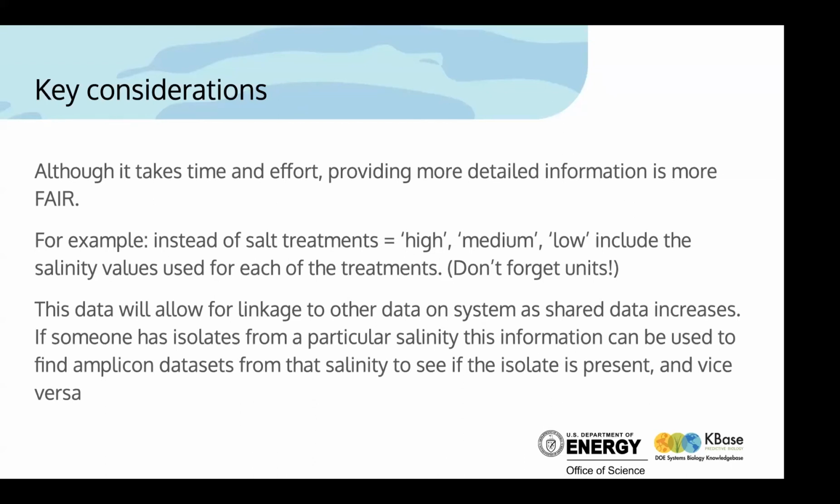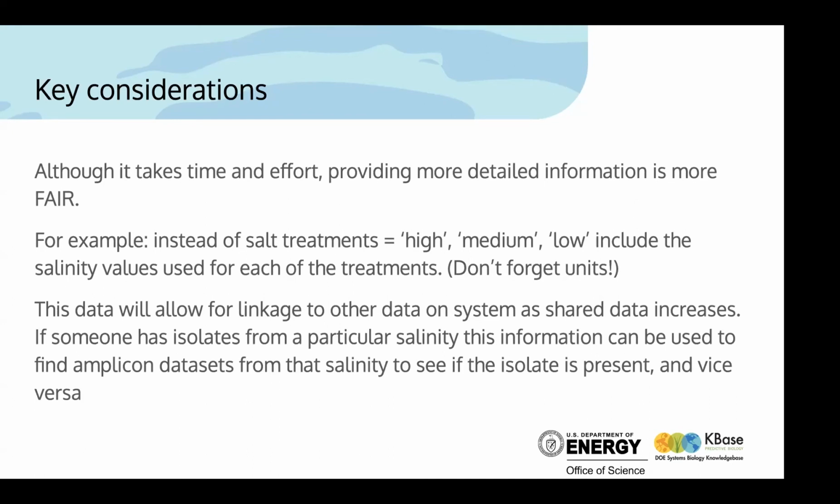So if you're seeing a really interesting salt effect at a particular salinity value, you can look on the system, or you will be able to look on the system, for other data sets that have similar salinity values to see if they have the same thing.